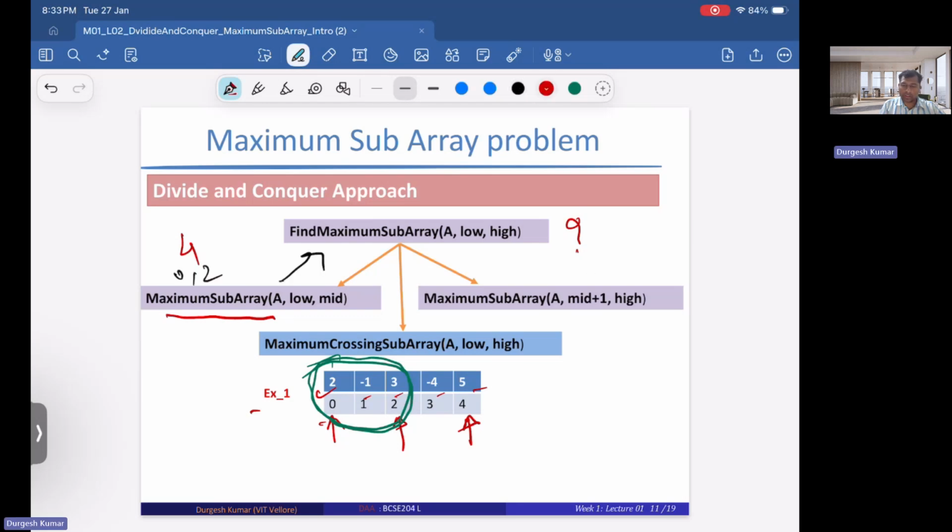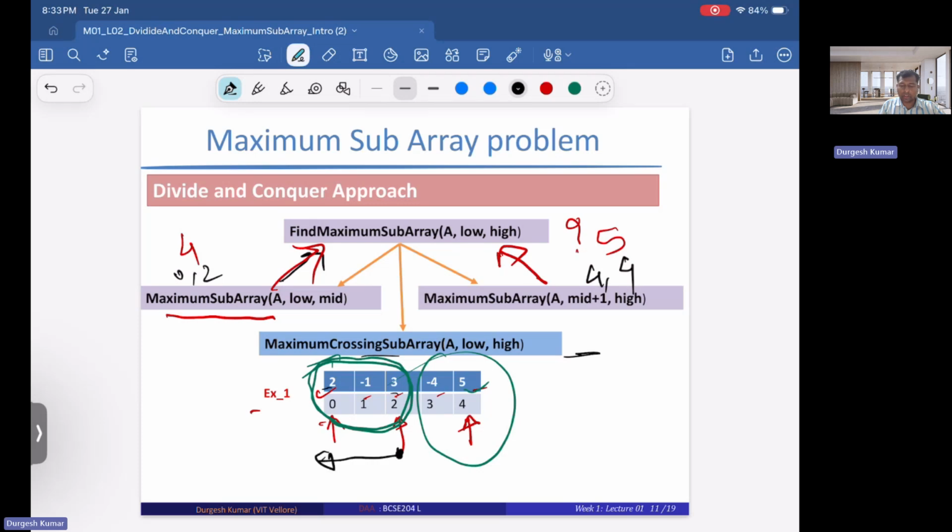What is the higher half going to return? Here we have to consider only the 5. So this will return 5 and the index 4, 4. What is the maximum crossing sum going to return? It must include this 3 and we try to extend as much as possible.